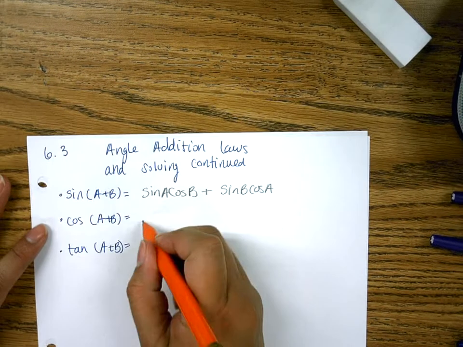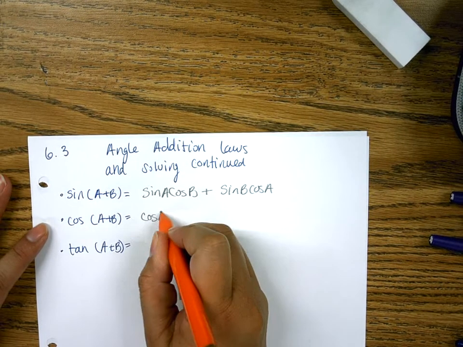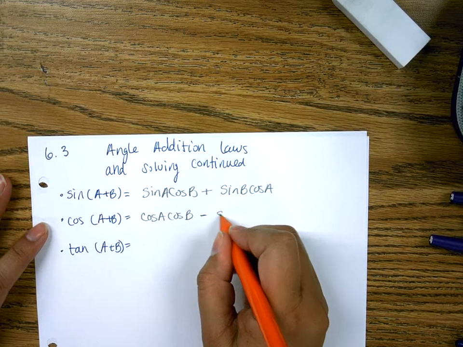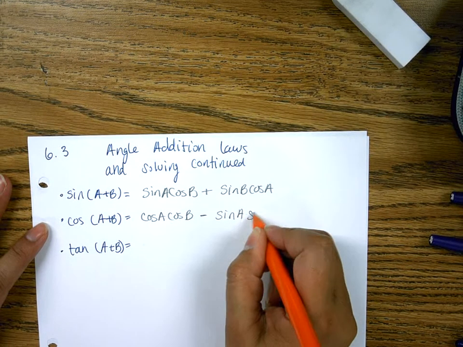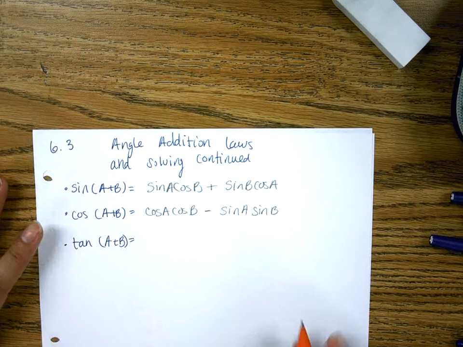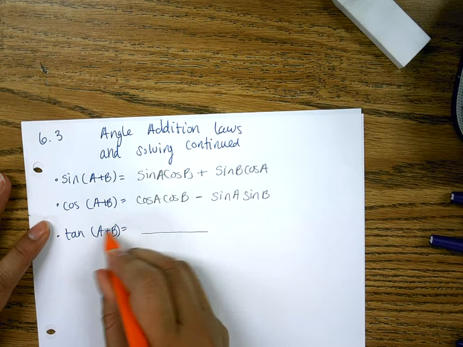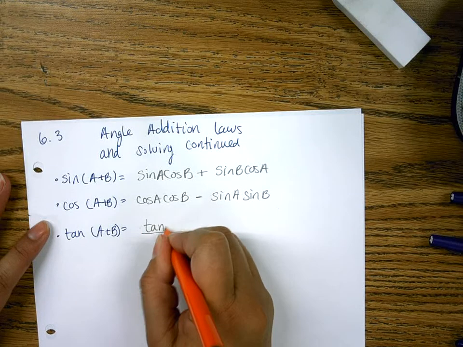We talked about cosine being the snobby one. It hangs out with only itself. So cosine A, cosine B, opposite sign, sine of A, sine of B. And tangent's the only one that's a big fraction.